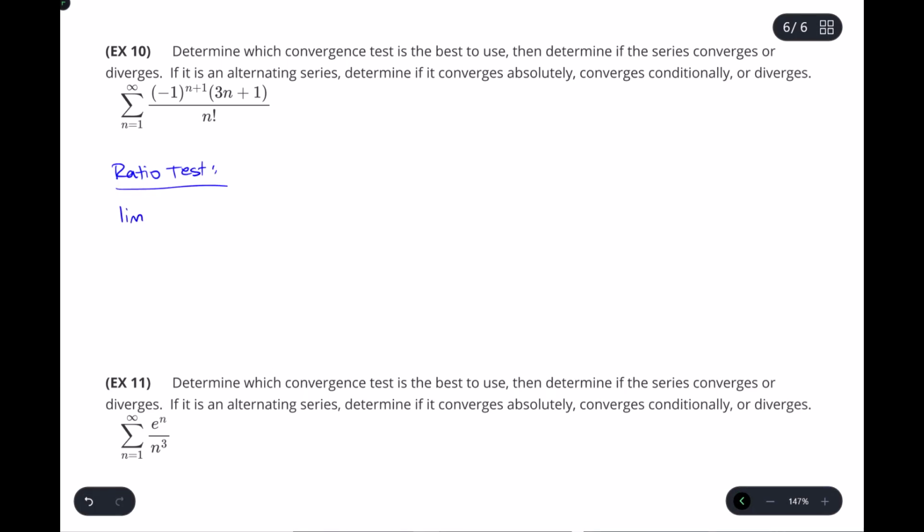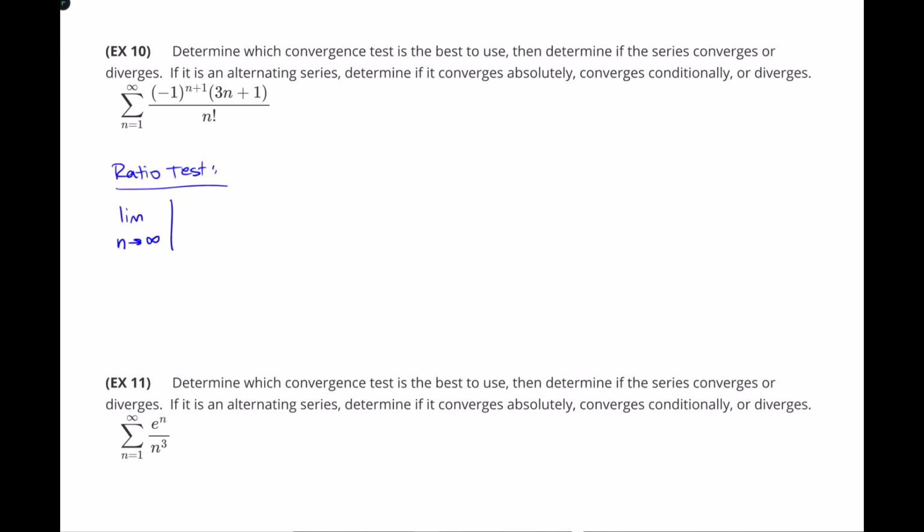And what we do is we take a limit as n goes to infinity, the absolute value of the n plus 1th term. Now, I could put in here -1 to the n plus 1 plus 1th term, I guess would be n plus 2. But the thing is, the absolute value around this is not necessary, because the -1 multiplier is only either going to make this term positive or negative.